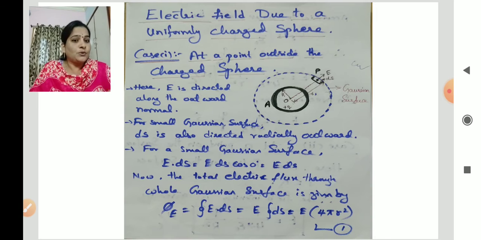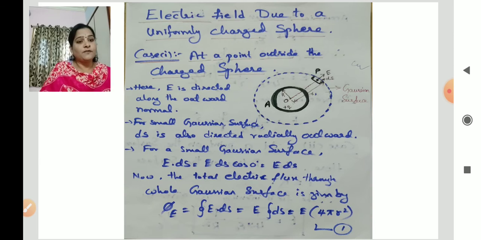So this ds is also directed radially outwards. So the direction of the electric field intensity and the direction of the small elemental area ds are both in the same direction.